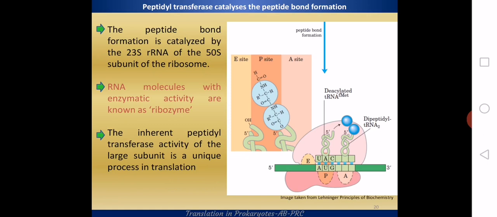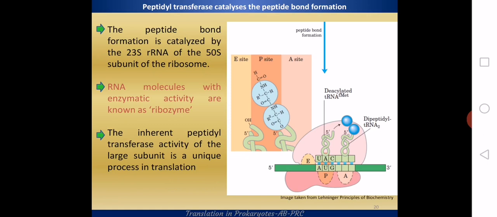The researchers found that this is the 23S rRNA of the 50S ribosomal subunit, which acts as the peptidyl transferase. So this is an evident example of a ribozyme, that means an RNA acting as an enzyme. And this inherent activity is one of the unique features of translation. Right. So the ribosomal RNAs are very crucial in translation.